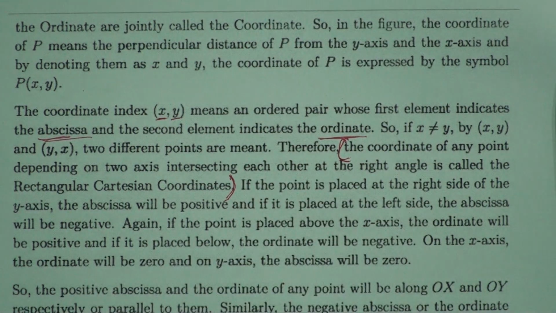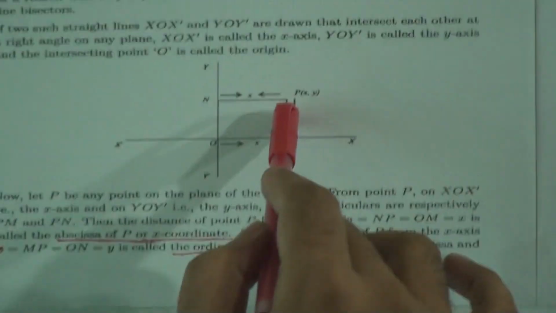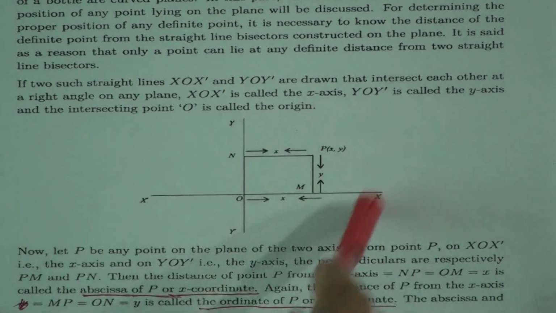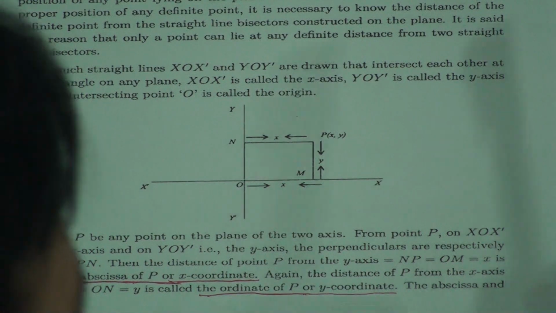If we consider P is any point, the coordinate of P is (x, y). So this system is known as the rectangular Cartesian coordinate system.